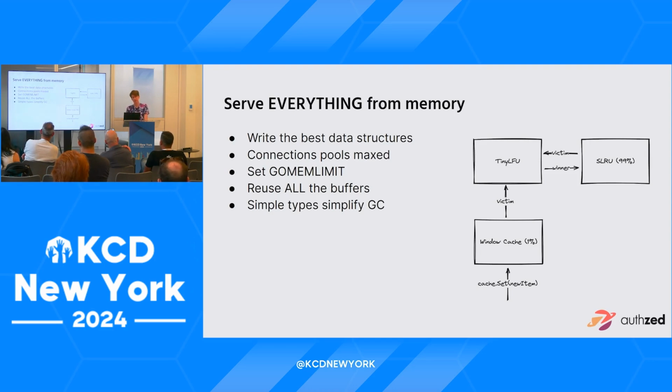The next thing is working with your garbage collector. In Go, you have this environment variable called GOMEMLIMIT, and this is actually what controls GC pressure. If you do not set this variable, the Go runtime does not know how much memory is in the environment. So it might think it has, say, 1 gigabyte when you actually have 10 gigabytes available.